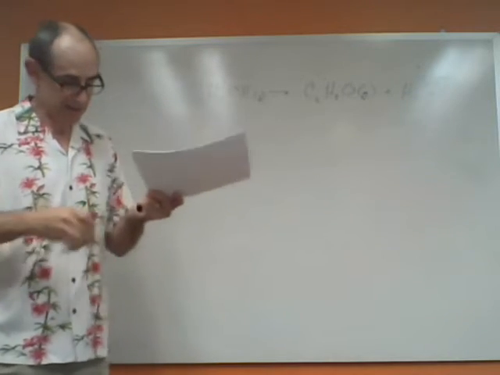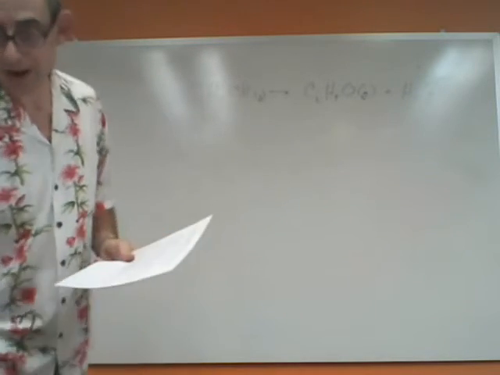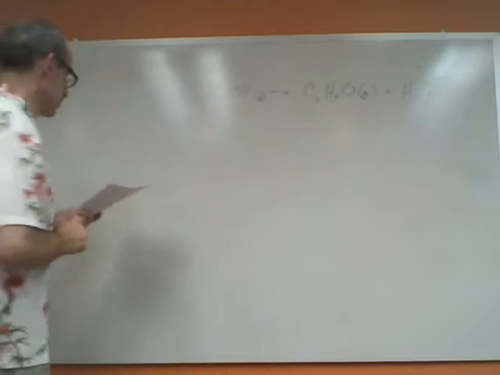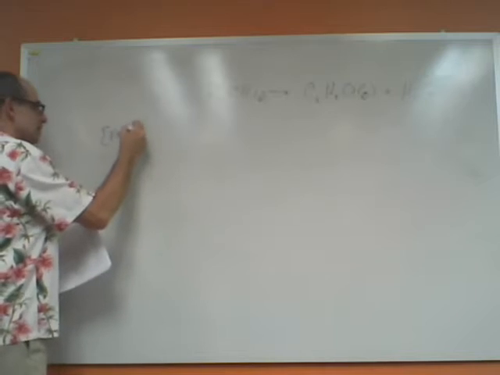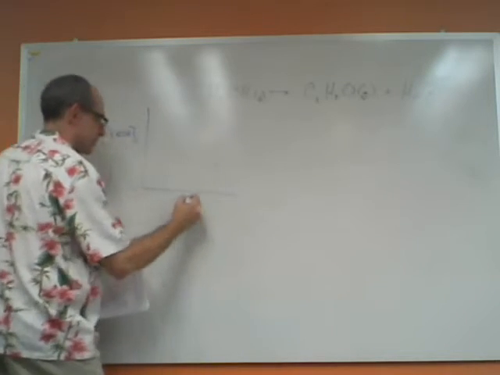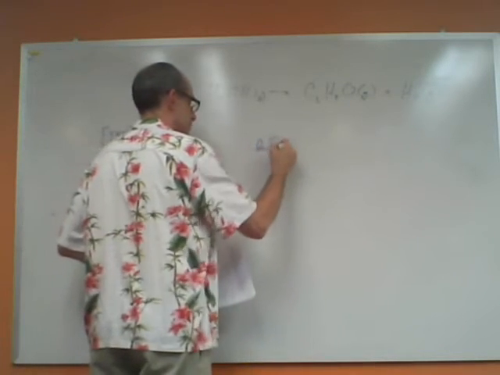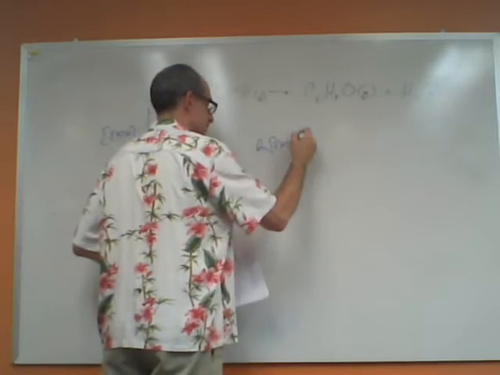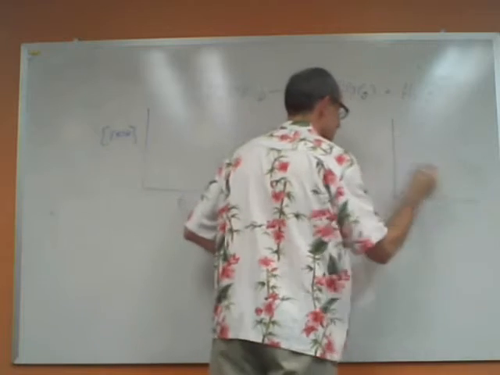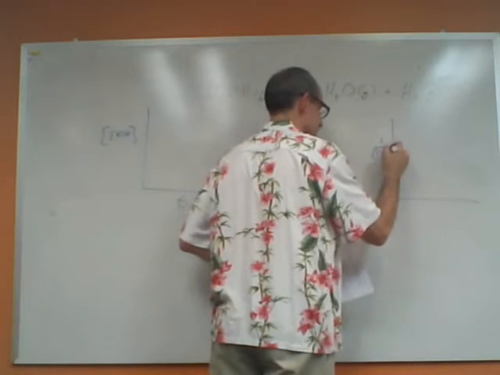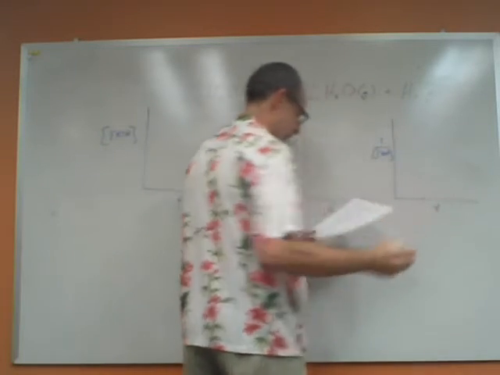And again, predictably, you're given graphs, and those graphs are, I'm going to change colors here, the concentration of ethanol versus time, the natural log of the concentration of ethanol versus time, and I hope you guessed it, 1 over the concentration of ethanol versus time.